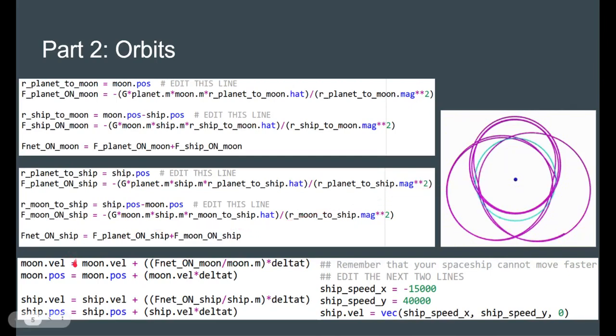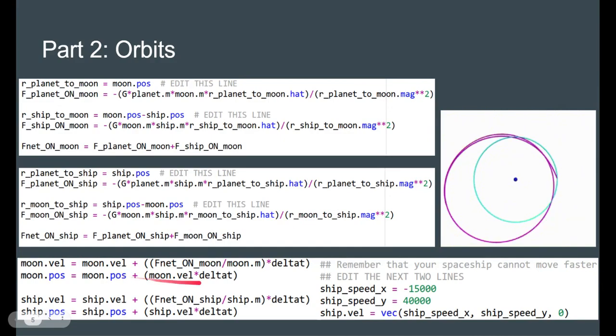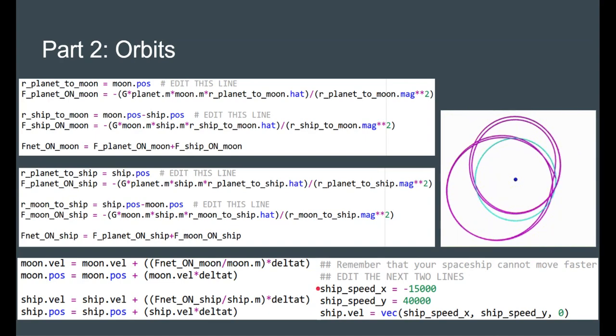We use the velocity update and position update, of course, and throwing all that together, I was able to, after a little bit of trial and error, get an initial velocity of this to get this nice little trefoil orbit.